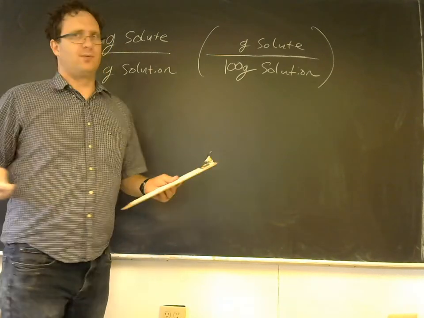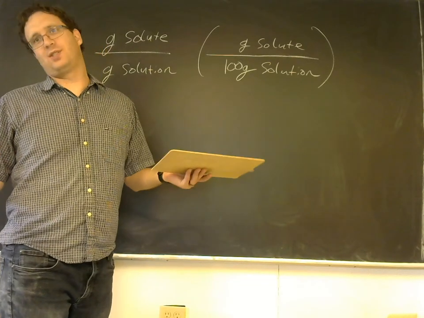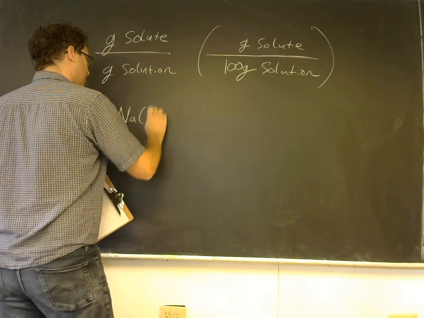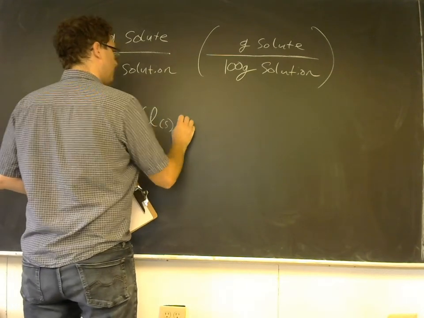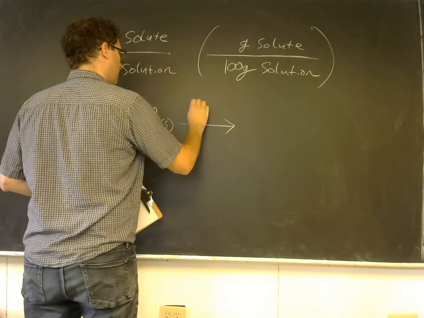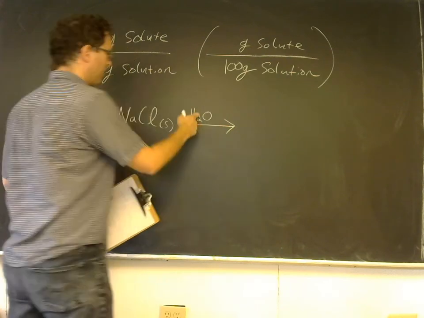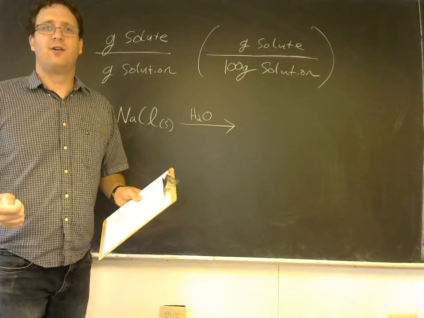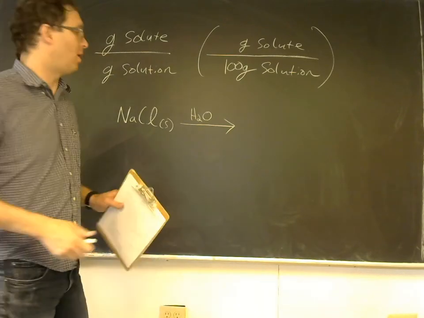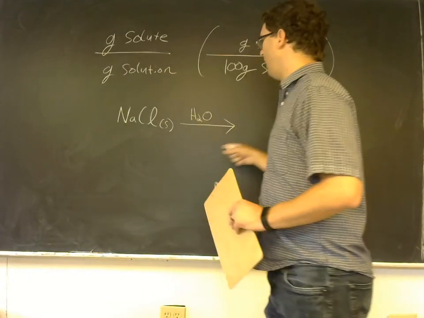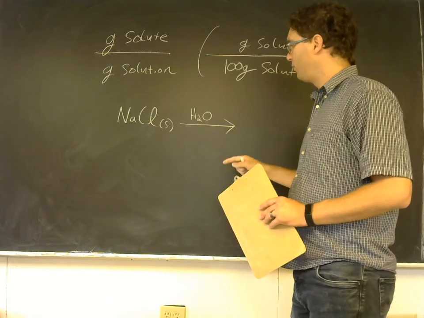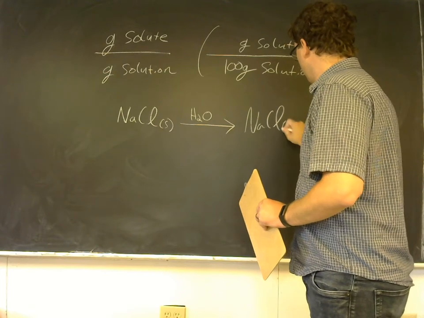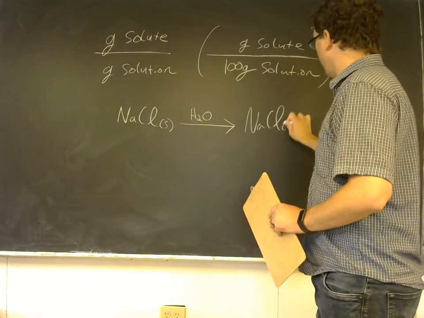And why would it stop? Well, we can think of the solvation of sodium chloride. We're not going to write water as a reactant here because it's not actually reacting. It's not forming or breaking any bonds. But it is the environment in which the sodium chloride can form an aqueous solution.